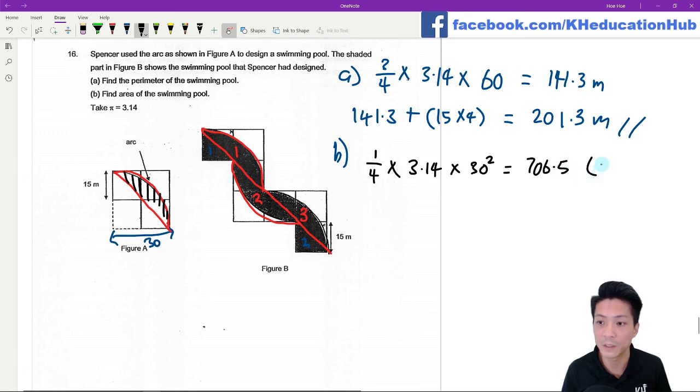Okay, this is a quarter circle. Okay, I'm going to subtract the area of a triangle, so I'm going to subtract half times 15 times, oh no, sorry, half times 30 times 30.